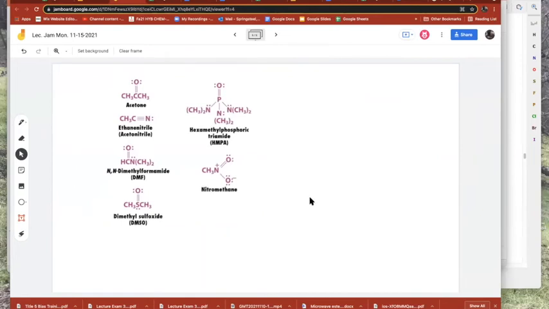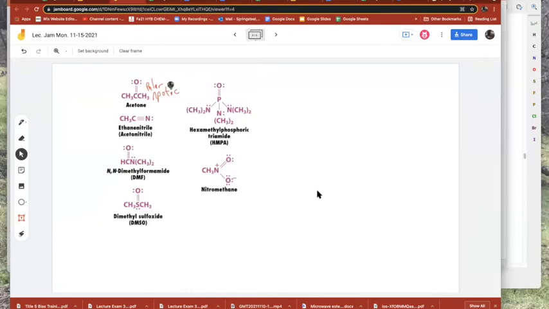Are these polar solvents? Come on, iPad. So the acetone we already talked about. This acetone is polar aprotic.